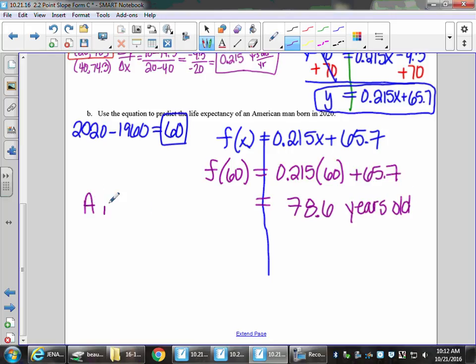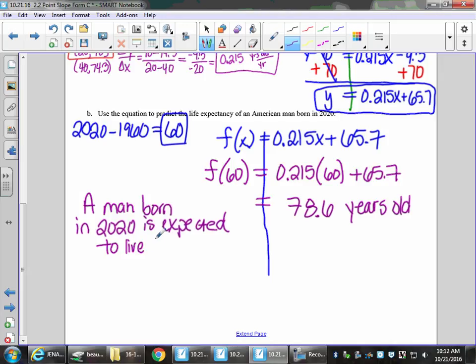So a man born in 2020 is expected to live 78.6 years. Because that's the stats. That's what the math says.